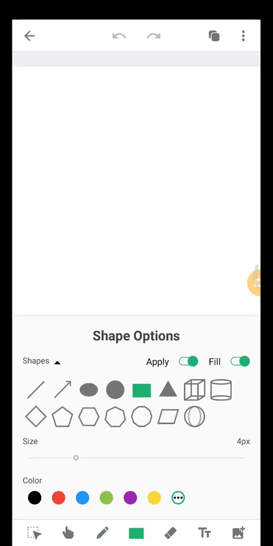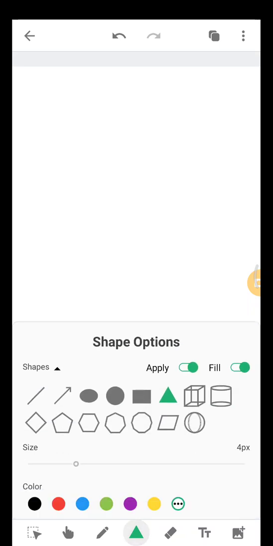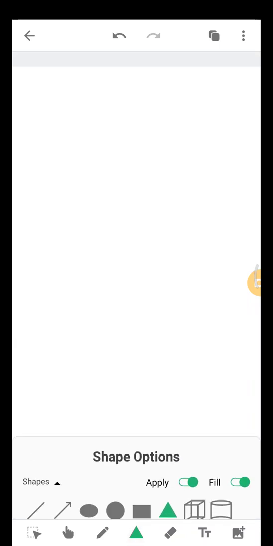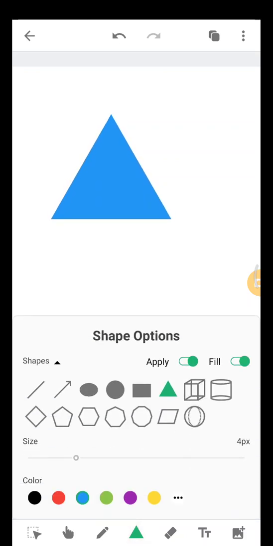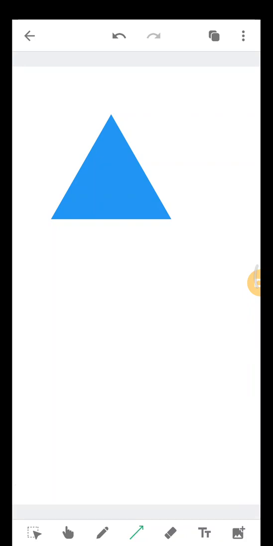We all have learned in the triangles chapter about the exterior angle property of a triangle. What is the exterior angle property of a triangle? In any triangle, if any one side is extended to form an exterior angle, this exterior angle will be equal to the sum of the interior opposite angles.